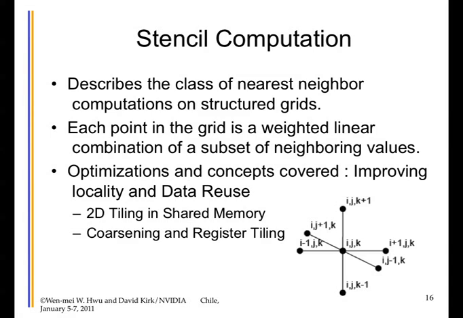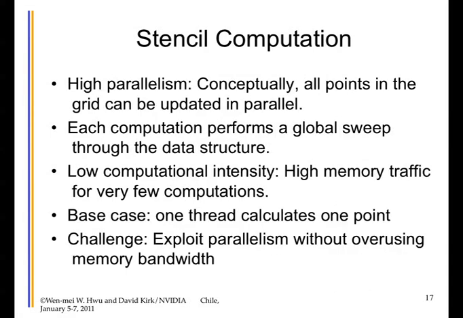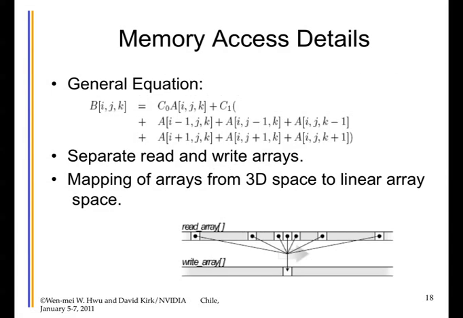So what we'd like to see is more granularity, less redundant work, and more operations per memory access. The base case we start with is one thread calculating 1 point, and then we would like to get to a much better point. I already described this.